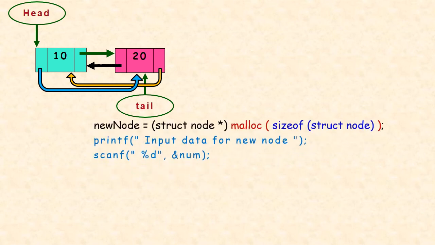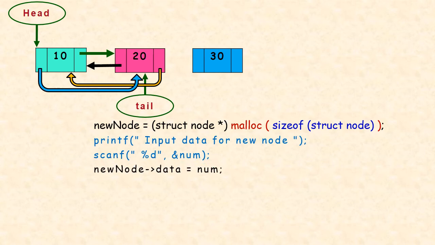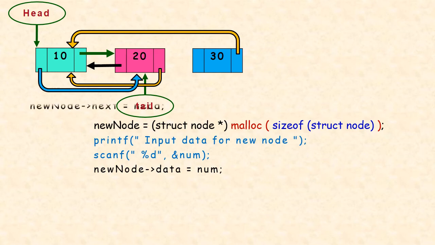In the same way, memory is allocated, the node is created, data is taken, assume 30 is the data. Using this line of code, new node data is equal to num, assigned the data to that. Then this link has to be established. So what is that? New node next is equal to head. Then this link has to be established.